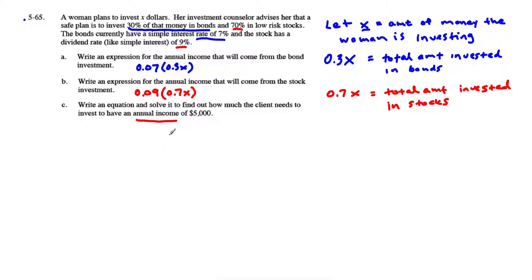So to get our equation, just think about that. This amount and this amount, when we combine them or add them together, it should equal $5,000. Let's go ahead and add those together then.